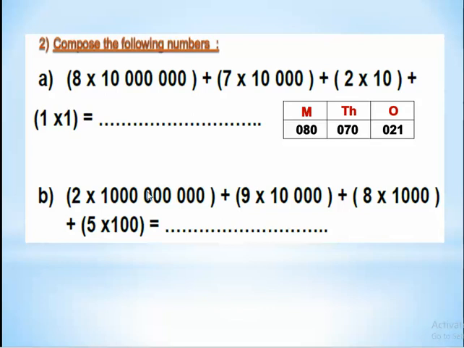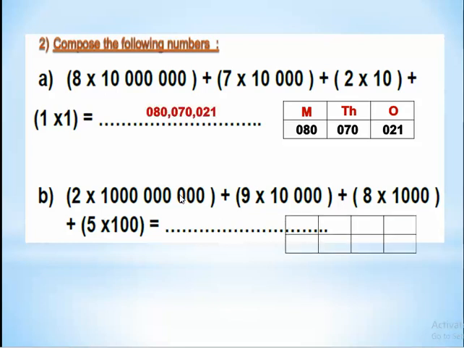Here we have billions, so we are going to write the family table with billions. Write billion, million, thousand, ones. We are going to write 2 in billions. Here we don't have anything in millions, so we will replace it with zeros. How many places in million?